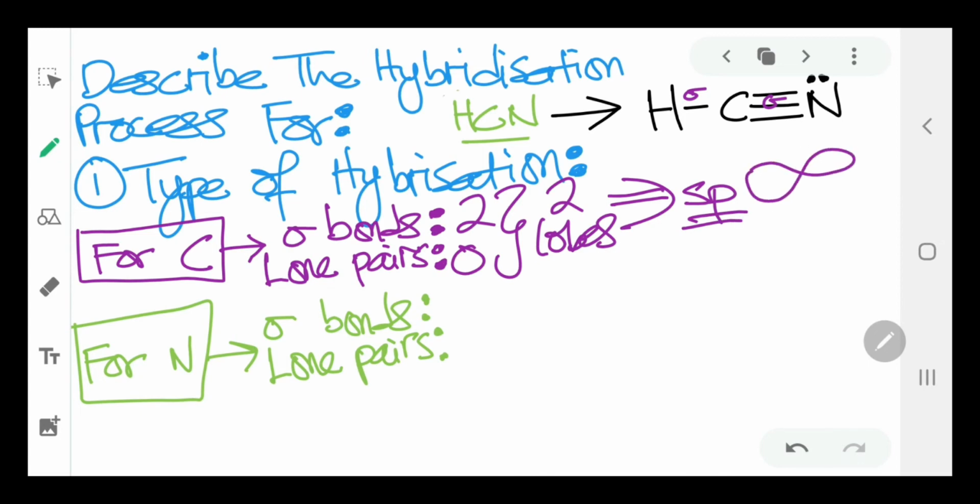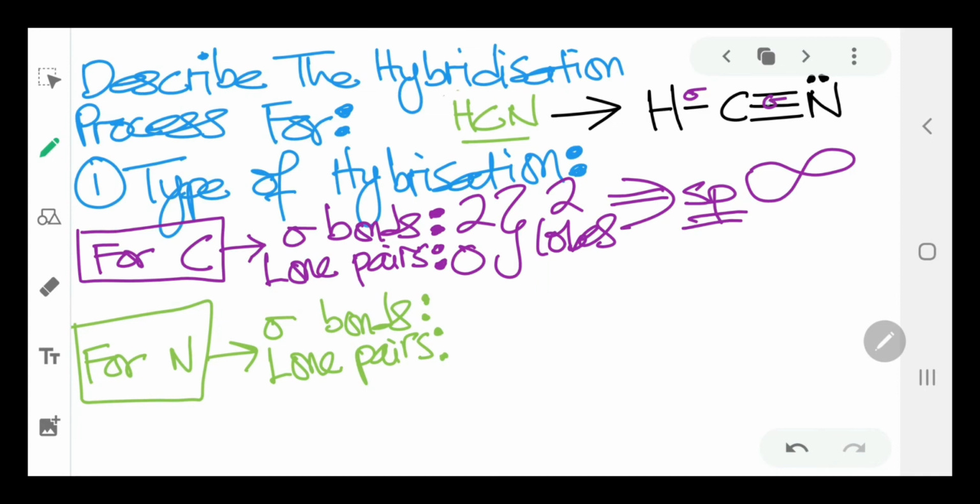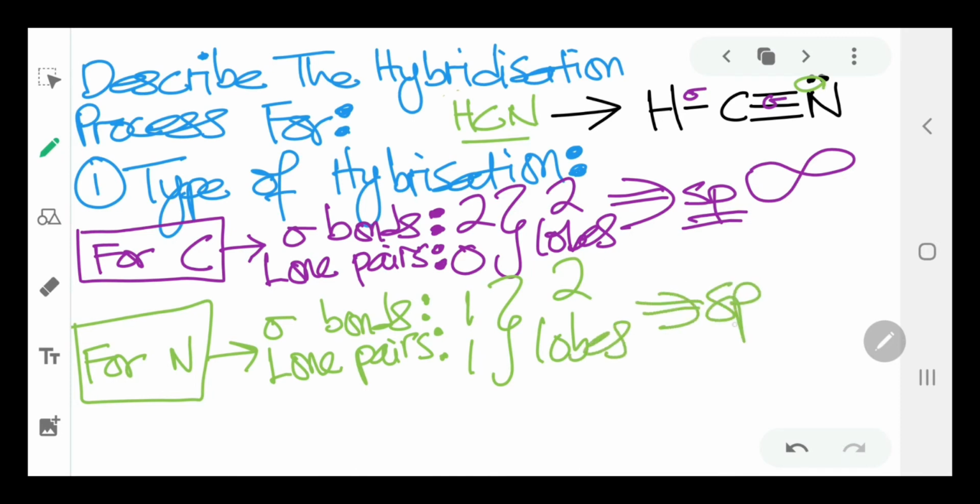And what about your nitrogen? Your nitrogen has just 1 sigma bond over here, and 1 lone pair. Also, it will have 2 lobes, so 2 lobes means you will have sp hybrid orbital for the nitrogen as well.